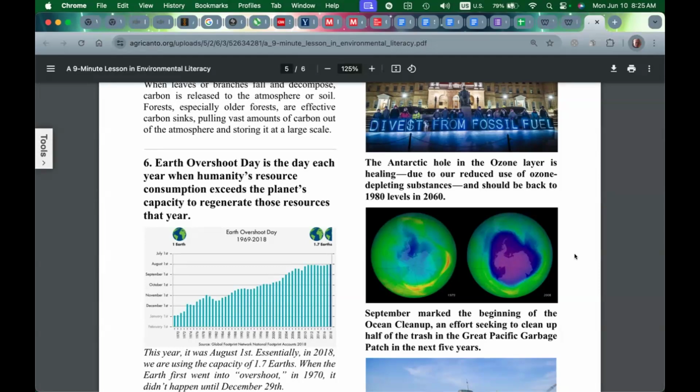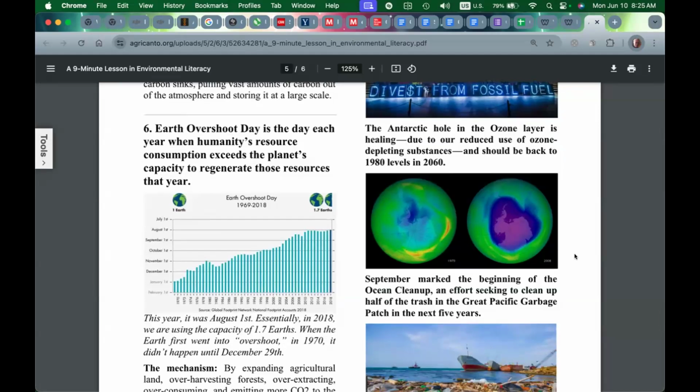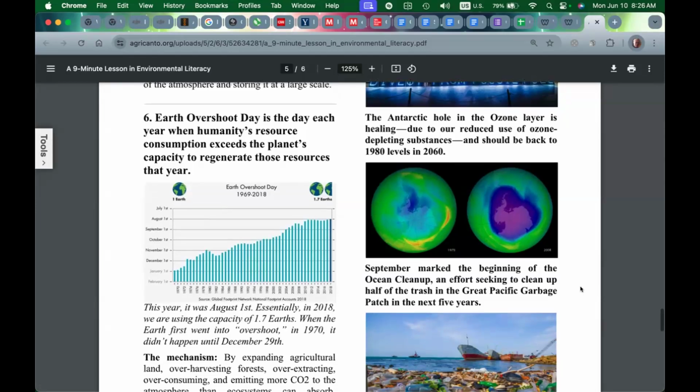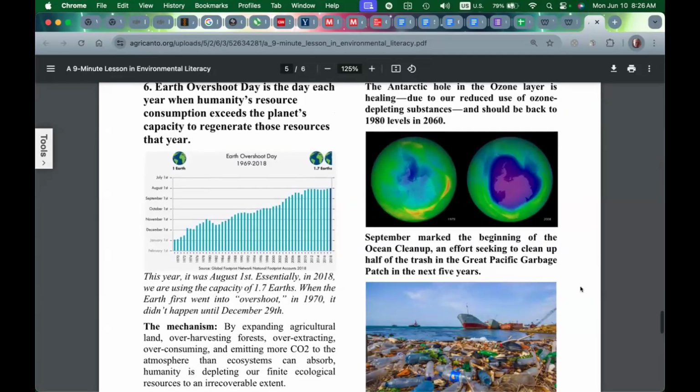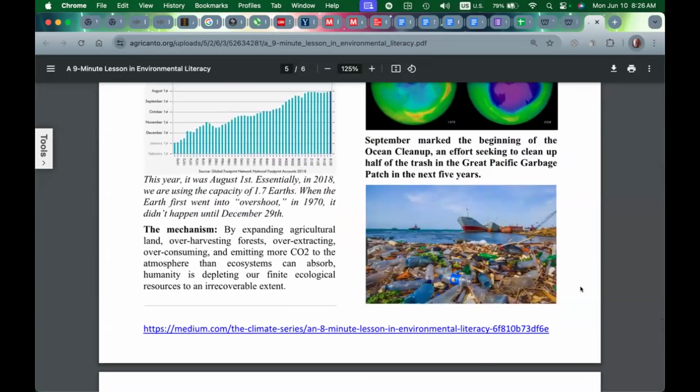And in fact, it has been closing up thanks to international agreements on reducing chlorofluorocarbons that are mainly responsible for the destruction of ozone in the stratosphere. Footnote, ozone in the stratosphere is good. It protects us from excessive ultraviolet light. And if it's missing, then too much ultraviolet light reaches the Earth's surface, and that's not good for organisms.